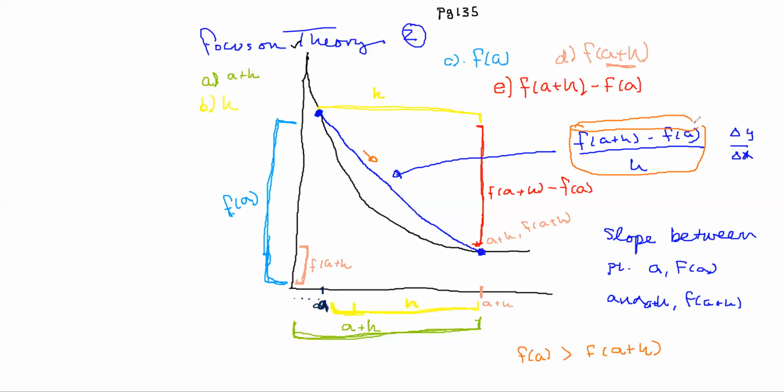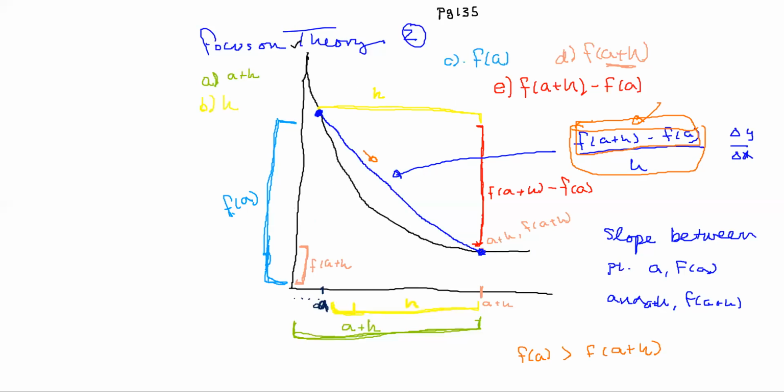Because in order for this top part to be negative, and we said that h is going to be greater than 0, that was one of the conditions of the way that we drew this. That means f of A has to be greater than f of A plus h, which makes sense with the way that we drew it.